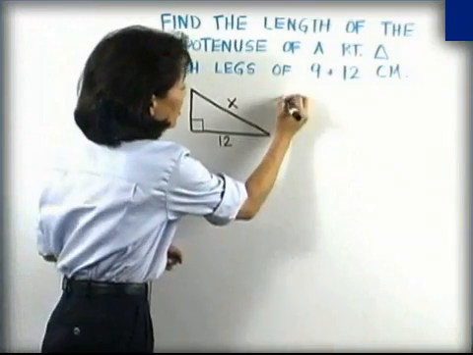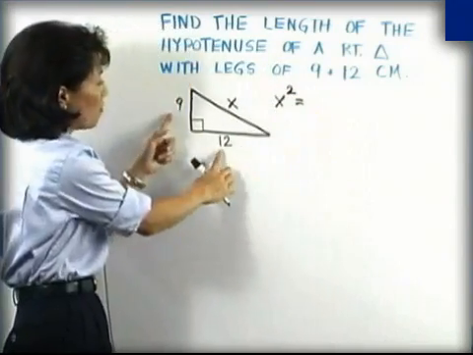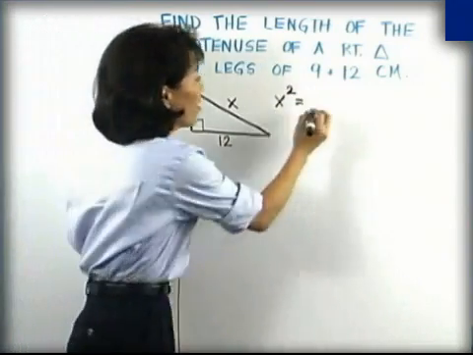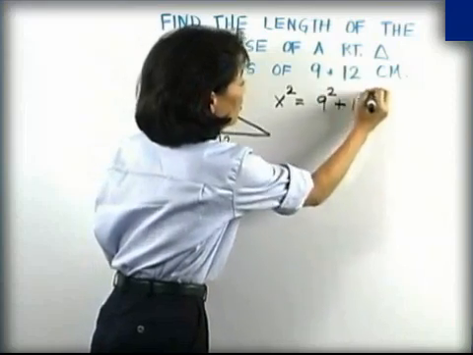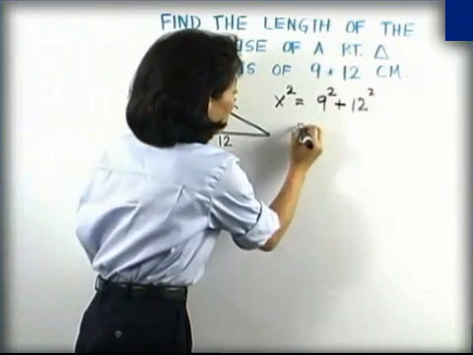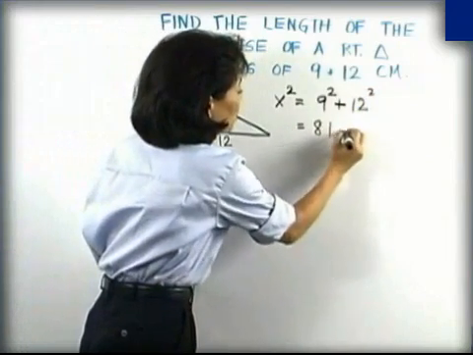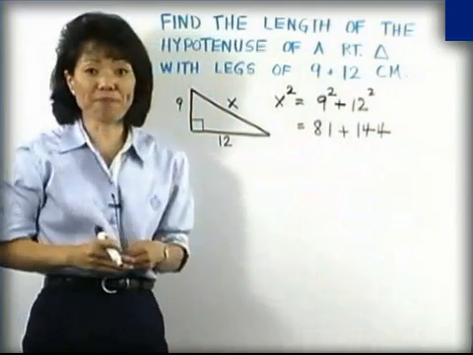Now, that tells us here that x squared is equal to the sum of the legs squared. In this case, that's 9 squared plus 12 squared. And we know that 9 squared is 81. We know that 12 squared is 144.